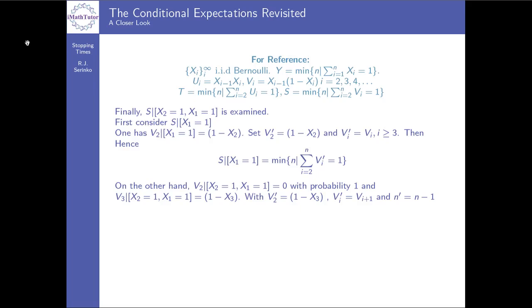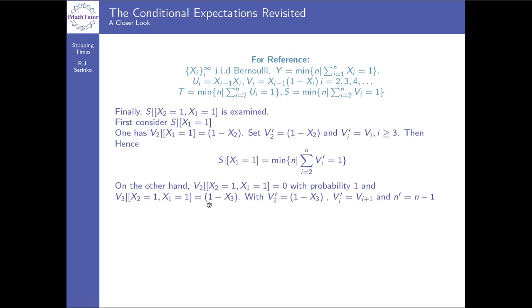We want to now move on to v2 given x1 equals 1 and x2 equals 1. So v2 given the first two tosses are heads. Obviously, 1 minus x2 would be 0 in this case. So v2 conditioned on this is 0 with probability 1. v3 is going to be x2 times 1 minus x3.